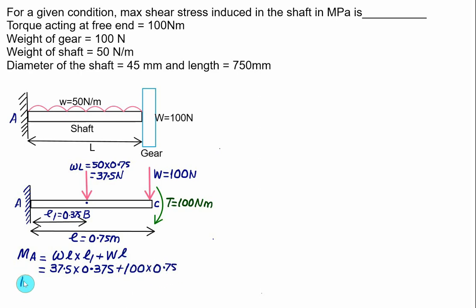The maximum bending moment at point A will be equal to 89.0625 Newton meter.